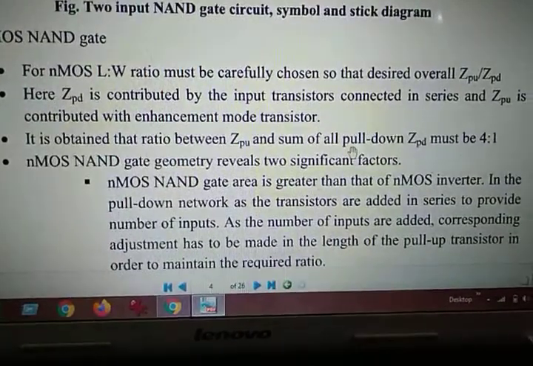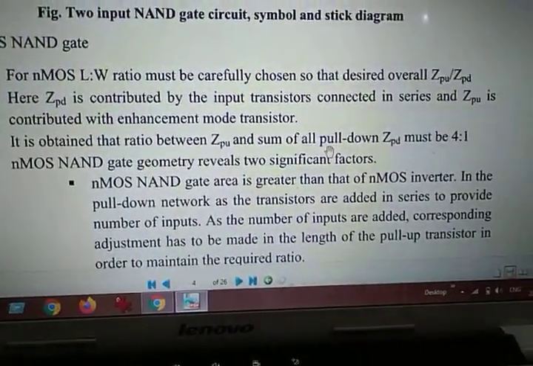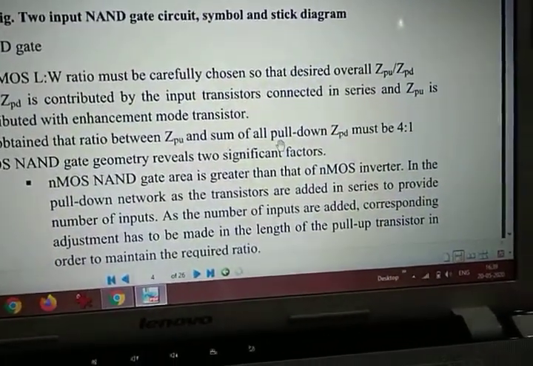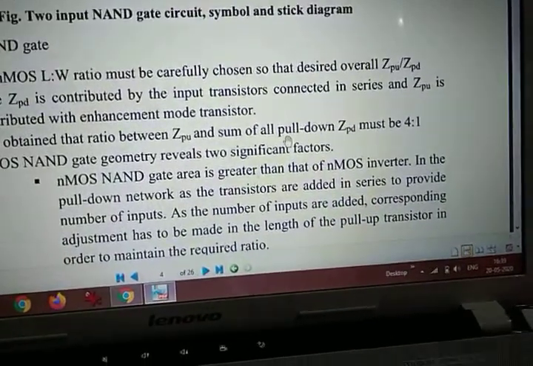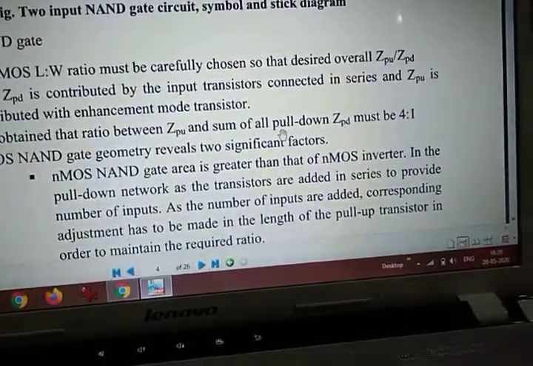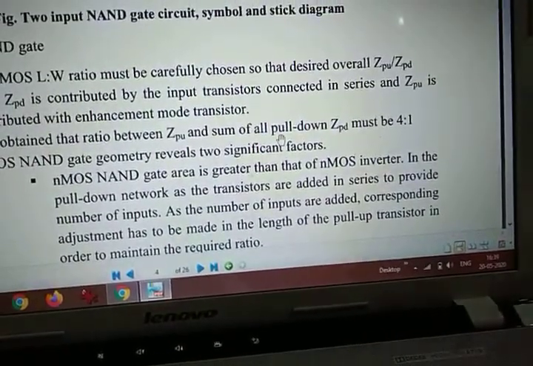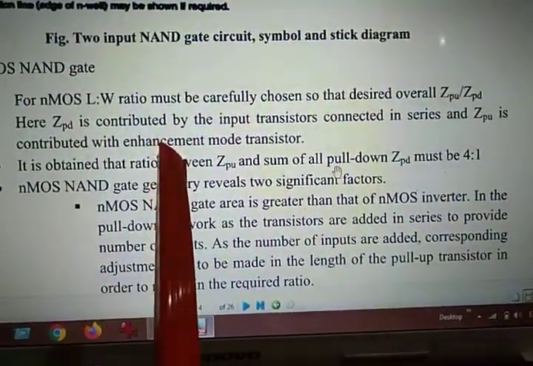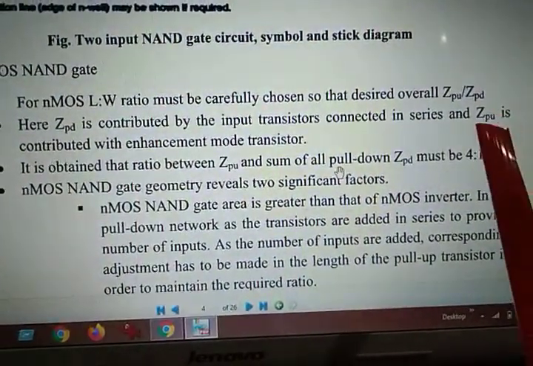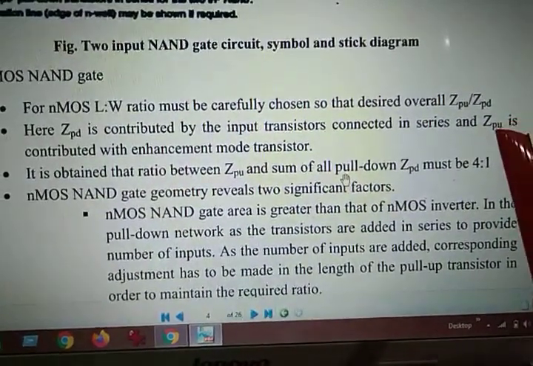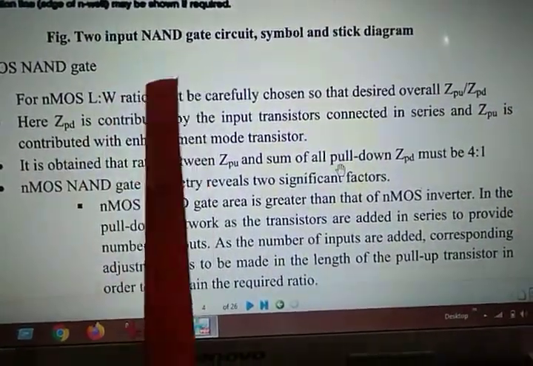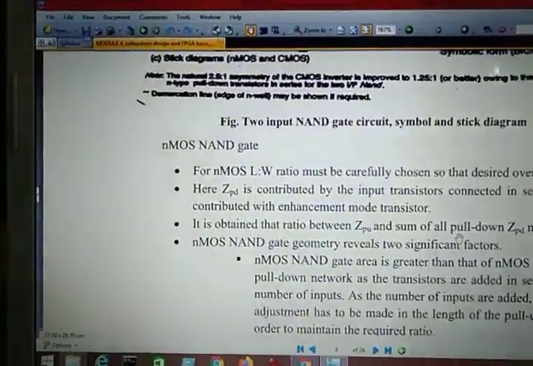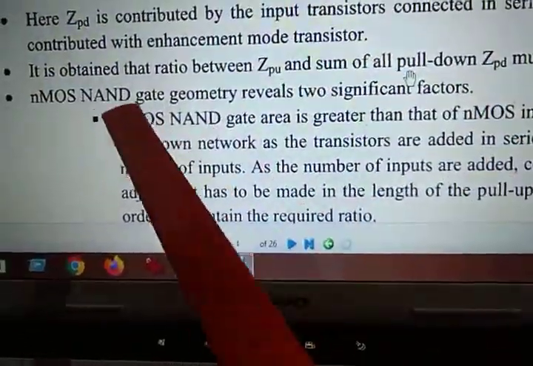So in the NMOS NAND gate, the length to width ratio must be carefully chosen, so we have to consider the desired overall ZPU and ZPD, that is the pull up and pull down impedance. The pull down is contributed by the input transistors connected in series, and the pull up is a depletion mode transistor, which is connected to the ZPD, that is the pull down transistors.